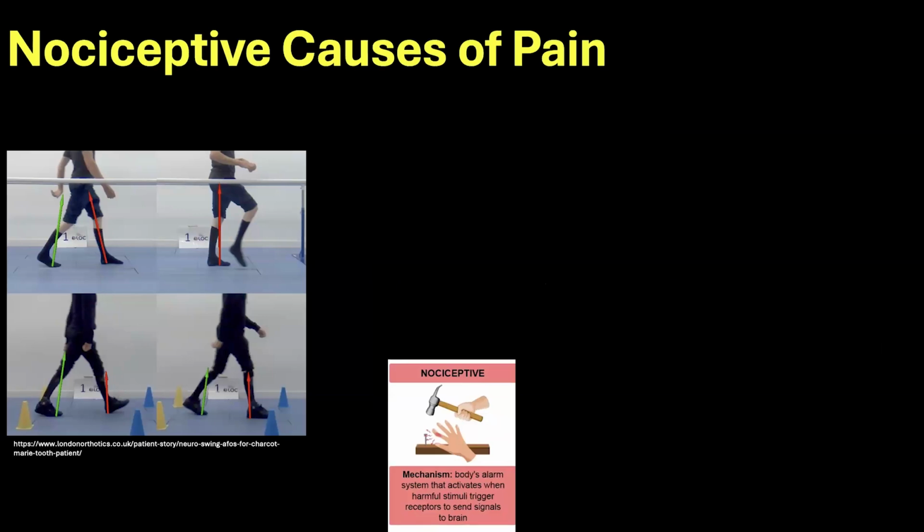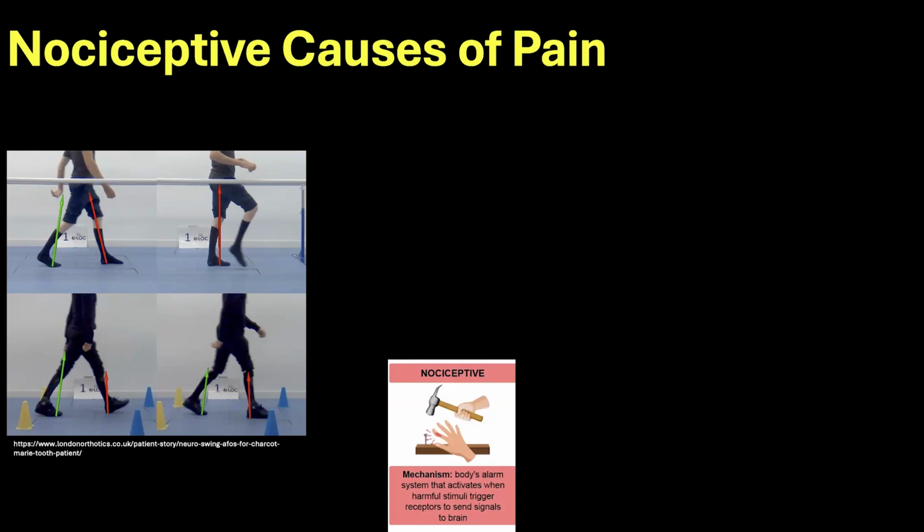Nociceptive causes of pain can come from any number of different reasons within CMT. What I'm showing here on the left-hand side is an image of individuals walking without braces and with braces on the bottom. And the old adage of the hip bone connected to the knee bone connected to the ankle bone is very important and true.